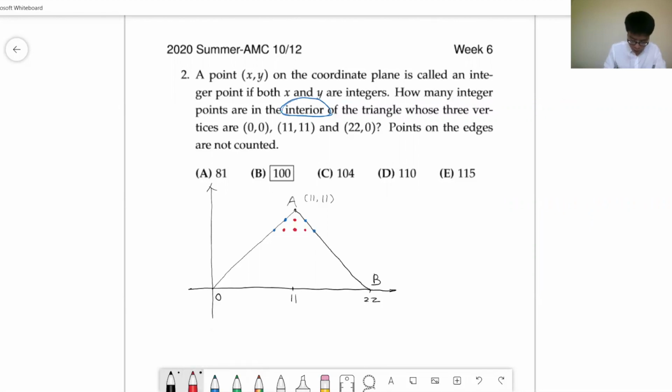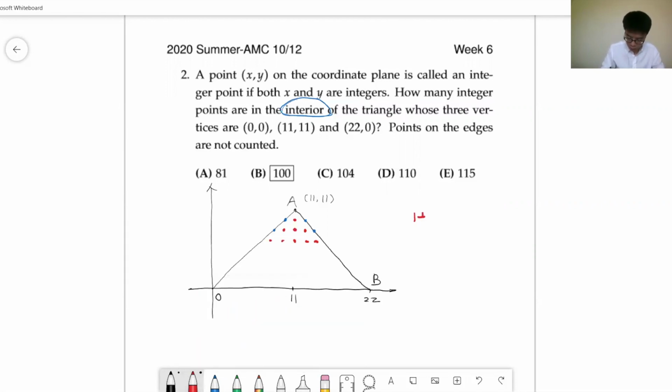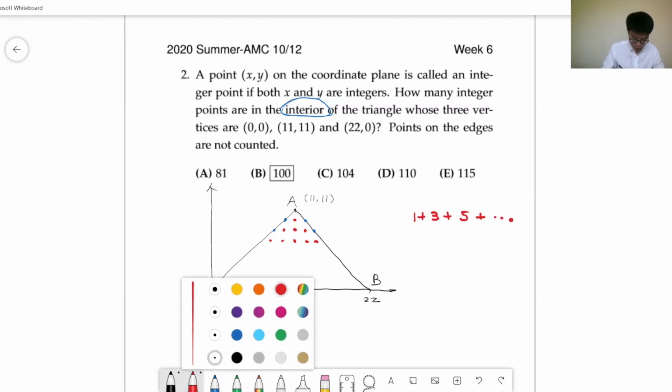So you will see the pattern. For the next row, we add 2 more red points, so the next row will have 5 points. So the total number of points is 1 plus 3 plus 5 plus more points, okay? Now, we should count how many rows we have.